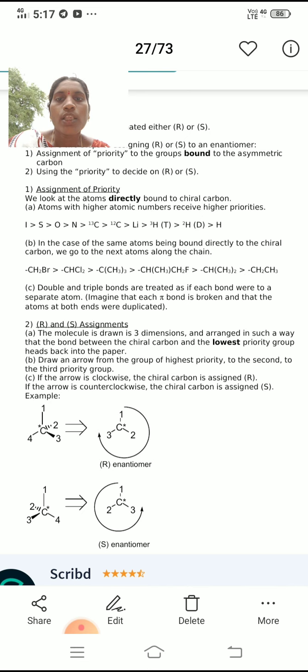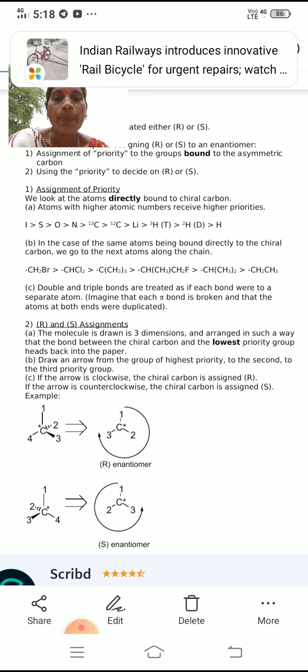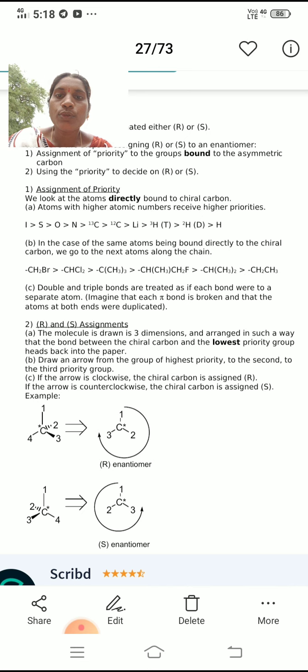In the first, the carbon is bonded to two hydrogen atoms and bromine. In the second example, the carbon is bonded to two chlorine atoms and one hydrogen.